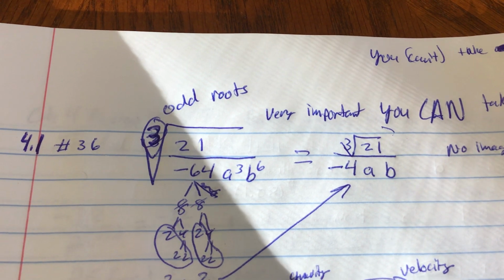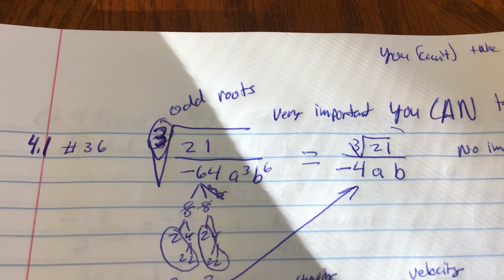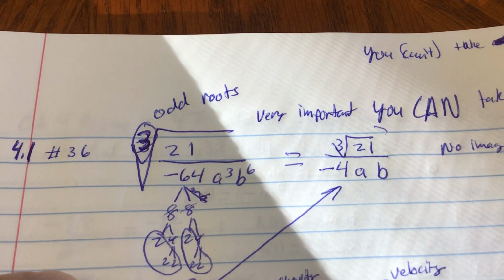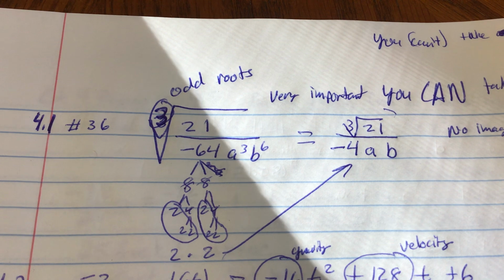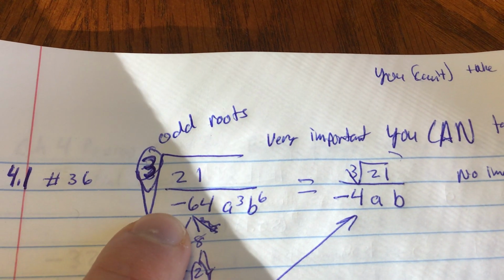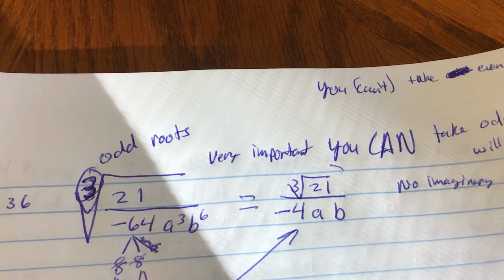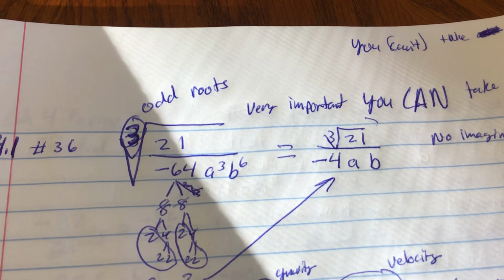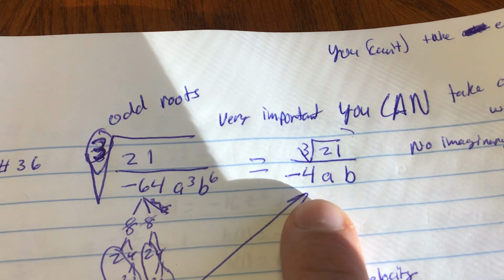That's 8 and 8. 8 factor trees down to a set of three 2's, and you have two 8's, so you have a set of three 2's and another set of three 2's, which is 2 times 2. 2 times 2 is 4. Notice that because this was negative 64, this will have to be negative, and then it will be the 2 times 2, which is negative 4.